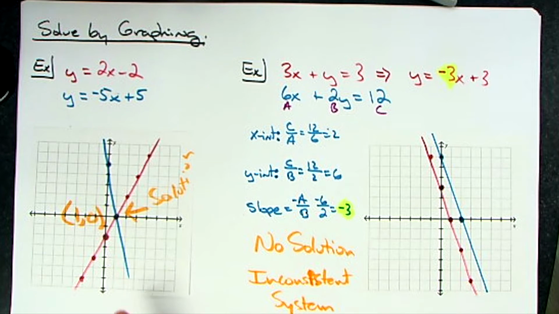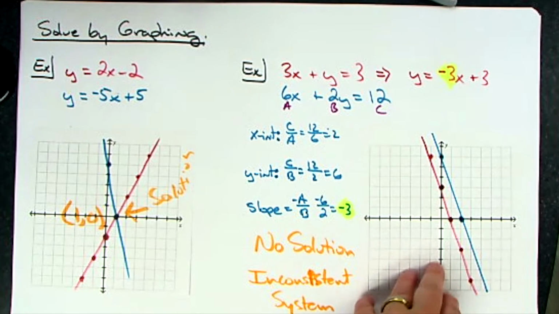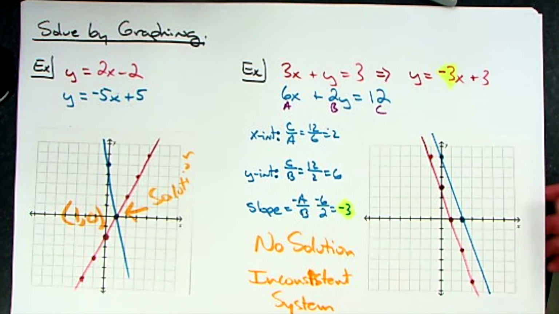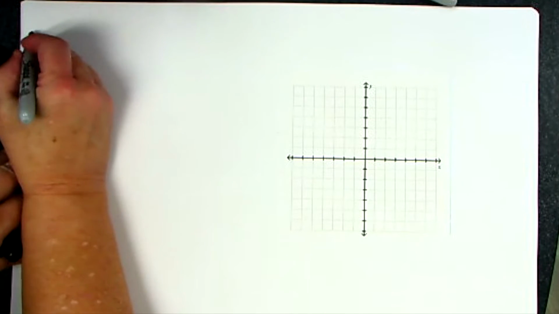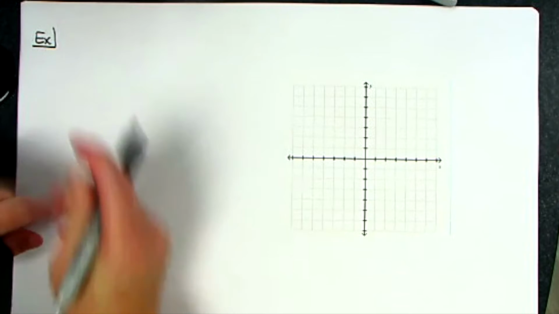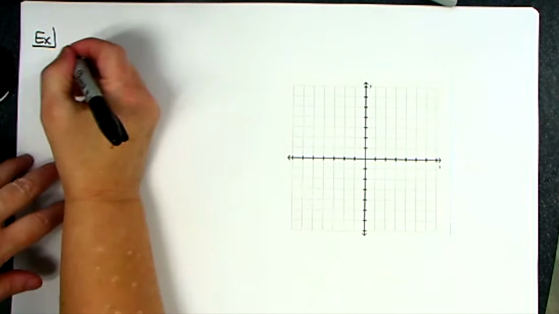All right, so far we have done an example of one where they cross. We've done an example where they are parallel. So let's hope my third example is one where they end up being the same line. Okay, hopefully. All right, so this time let's mix it up. Let's do a slope-intercept form and a standard form.